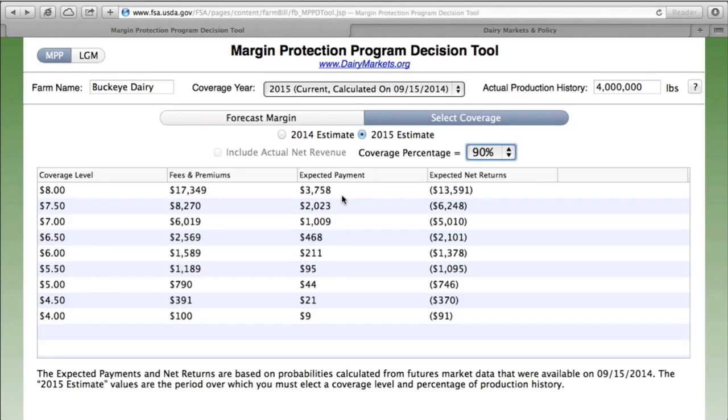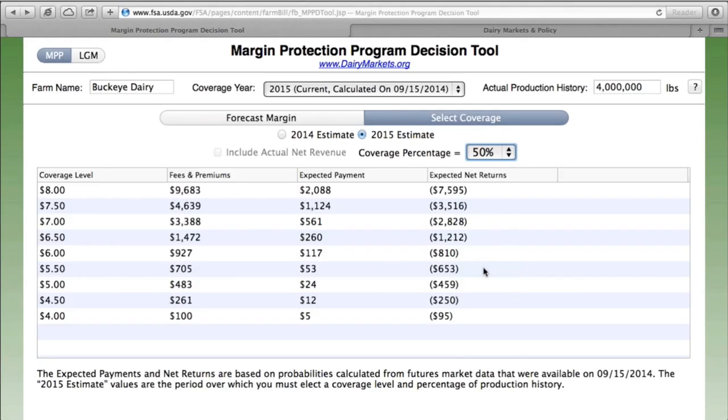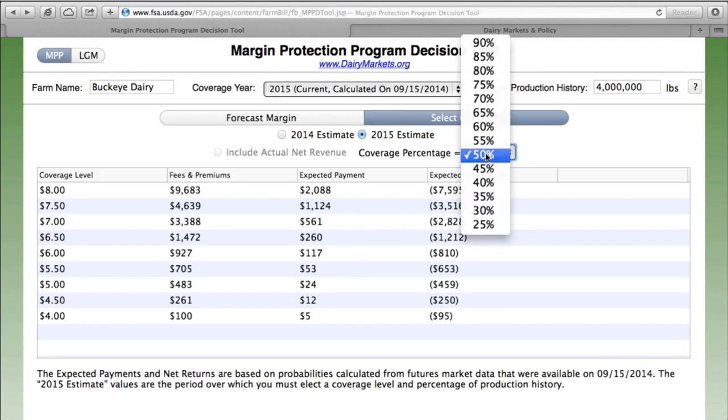As you can see, these payments are low because there's a low probability that margins are going to trigger at the $8 level. You can change it to 50%, and the fees and expected payments change to reflect the different coverage option that the farmer selected. Let's go back to 90%.